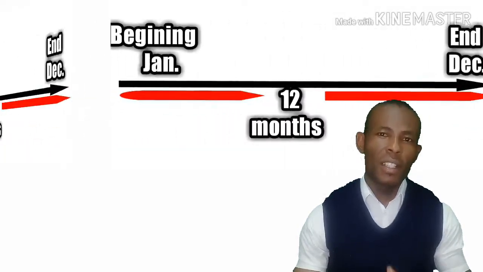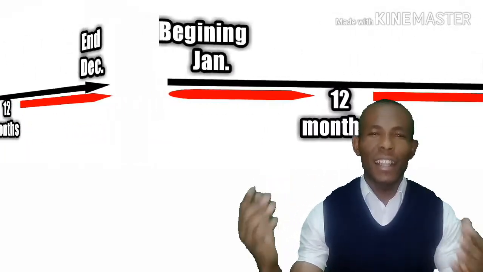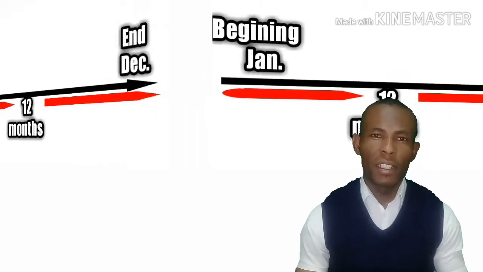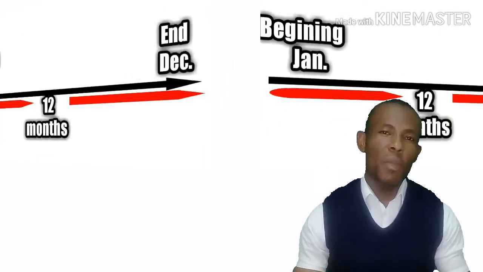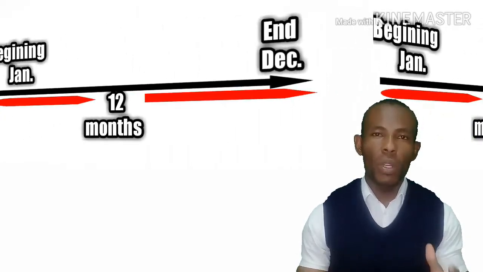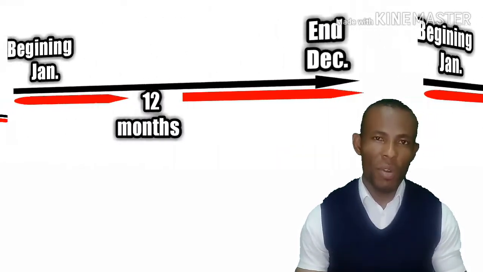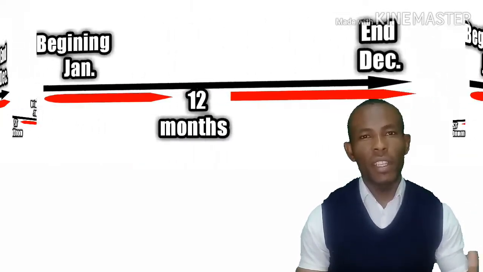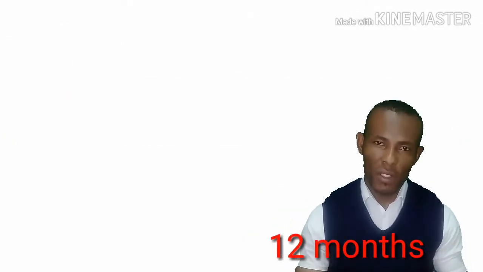So imagine I started an action in January and now we are in December. If I have to tell my story or tell a friend about this action, I will count the number of months between January and December, which is 12 months.